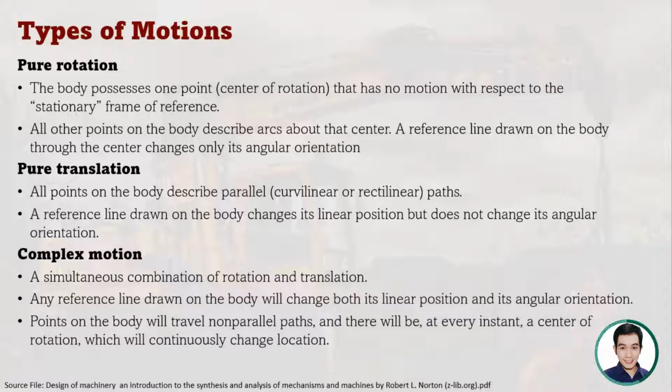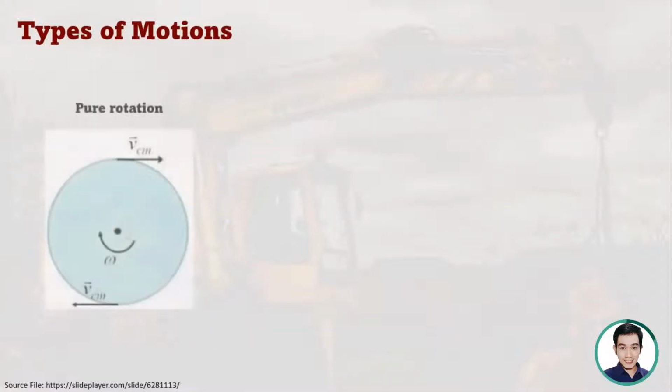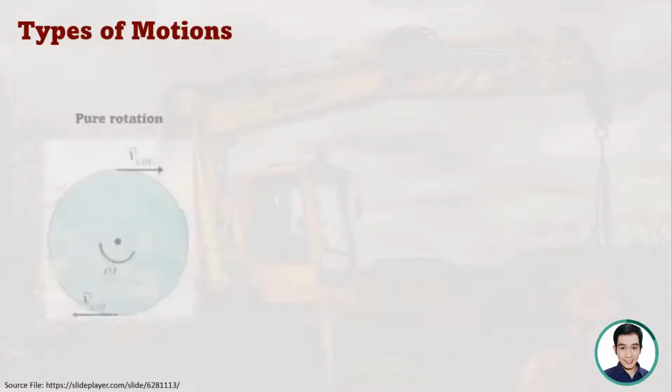So as you move the bicycle, the wheel rotates around a center of rotation, but at the same time it's also having its translation. This is how pure rotation looks like.